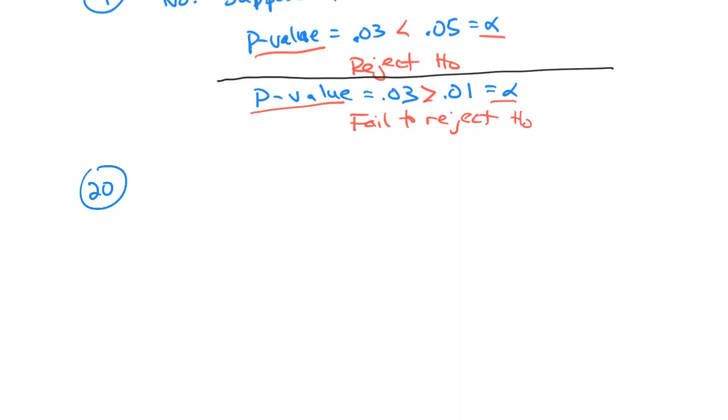It says a random sample of 20 obituary notices in the Honolulu Advertiser gave the following information about lifespan in years of Honolulu residents. So they've got 20 data points here. And they tell us that if you use a calculator with mean and standard deviation keys, they give us this.